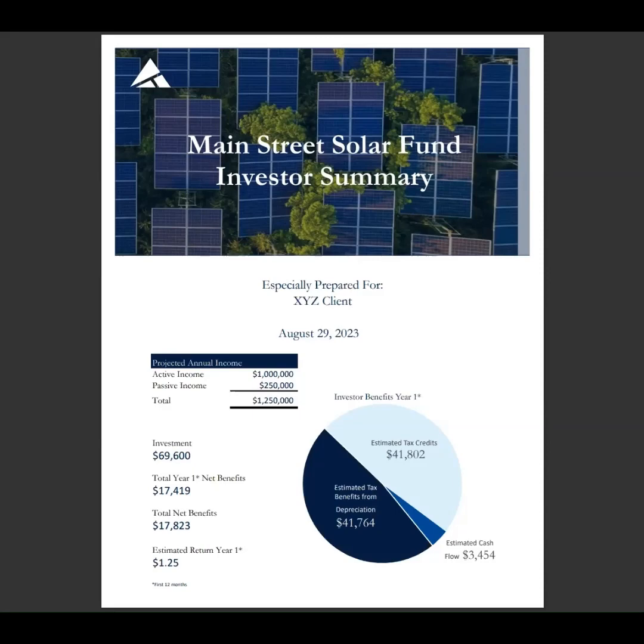And one of the big things that can cause that variance is the state that you pay your taxes in. And it's not necessarily just your personal situation. You're looking at a fund that's going to have a portfolio of projects across the country. And each of those is going to have certain state filing requirements and different tax rates.